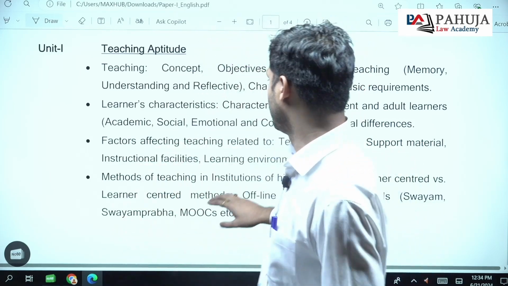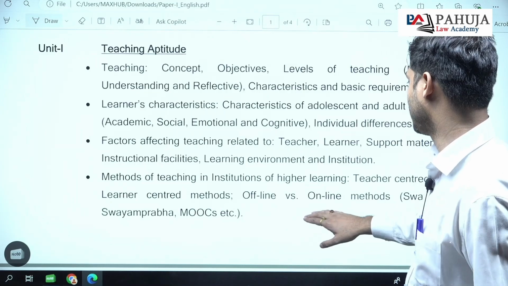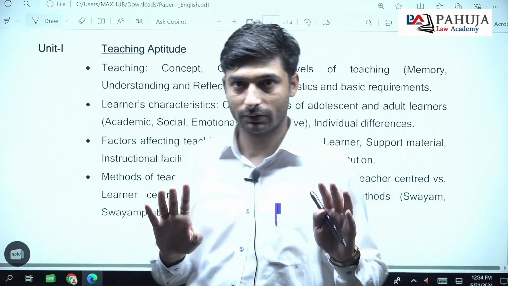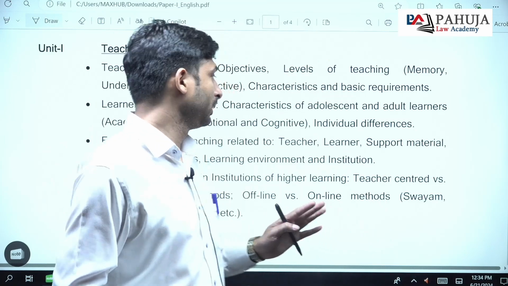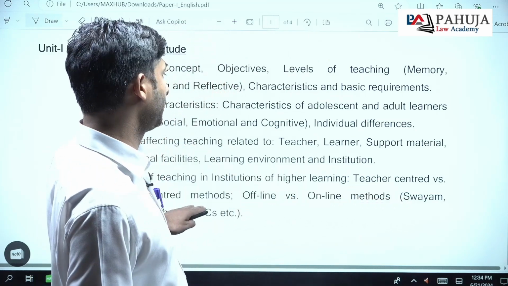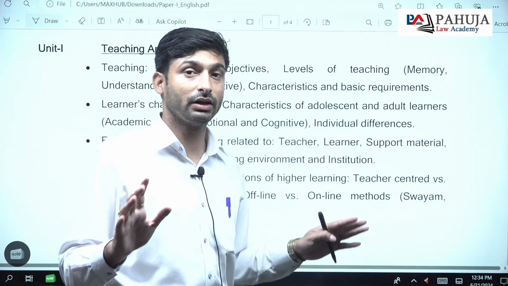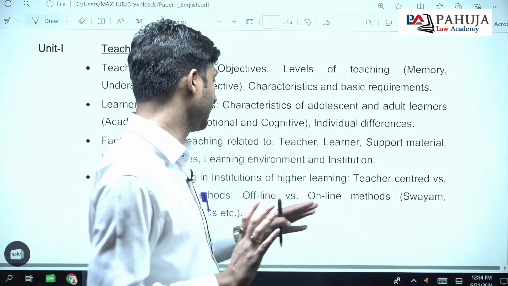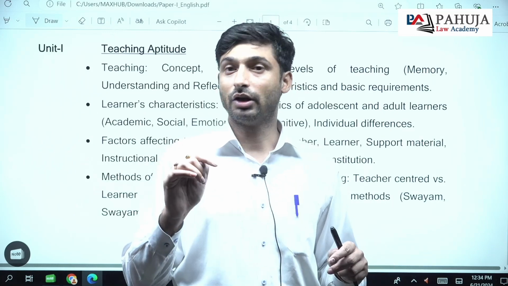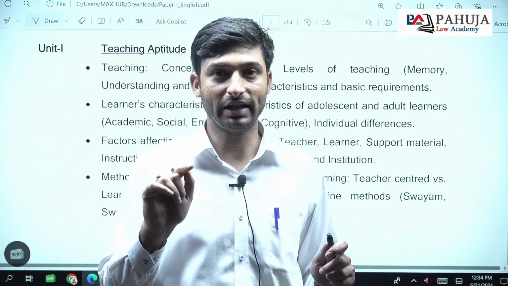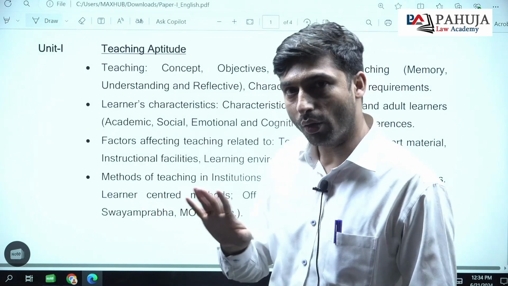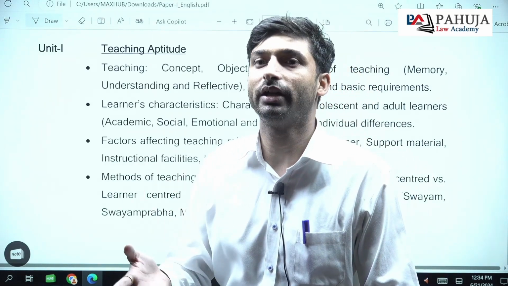Next is your methods of teaching. There are certain methods of teaching: teacher-centered method and learner-centered method, and what is the difference between them? Subsequent to that, we are now living in an ICT era. So we do online learning and offline learning.